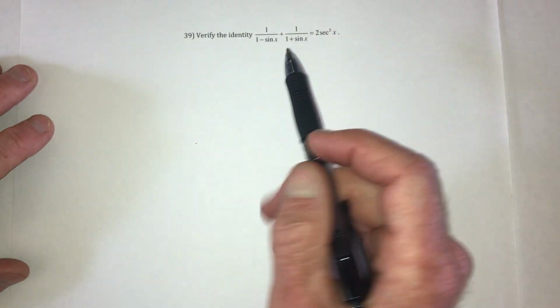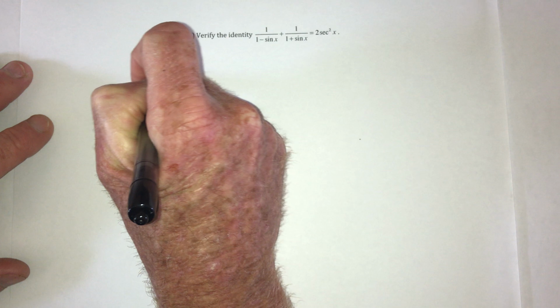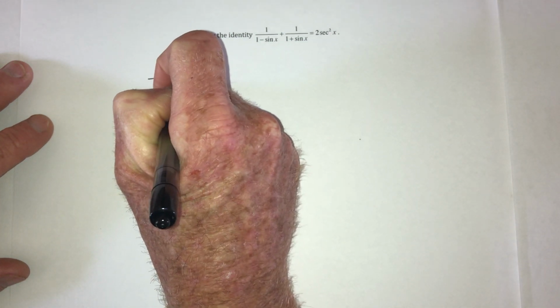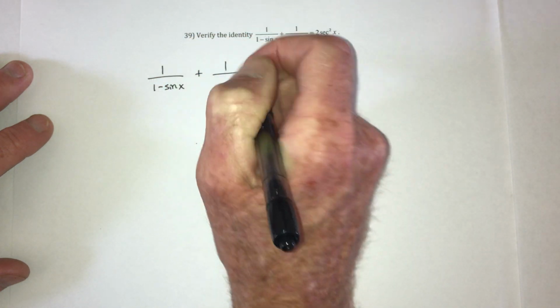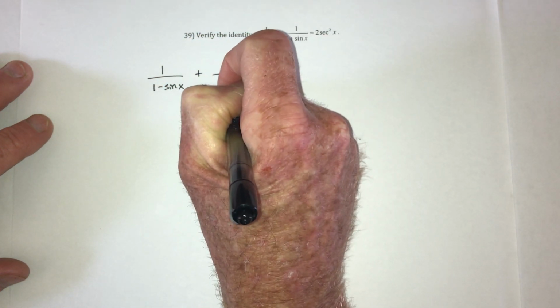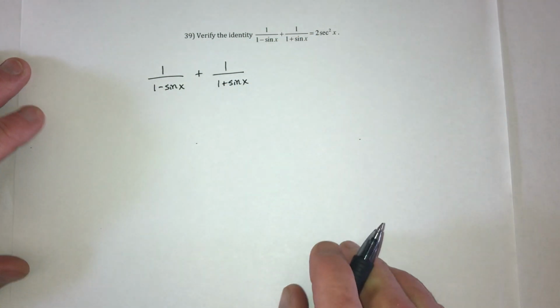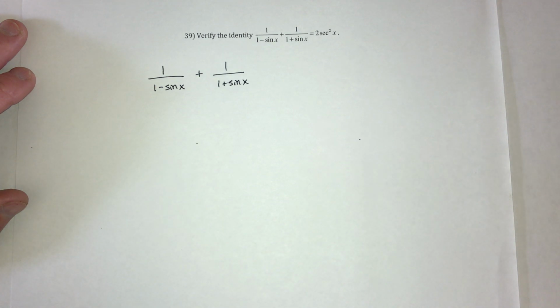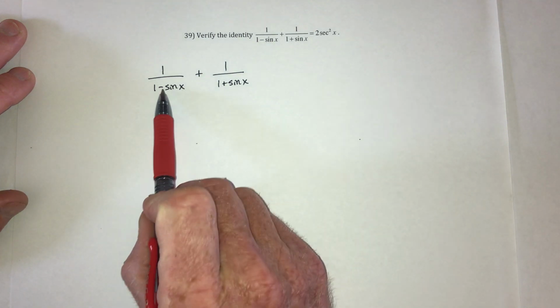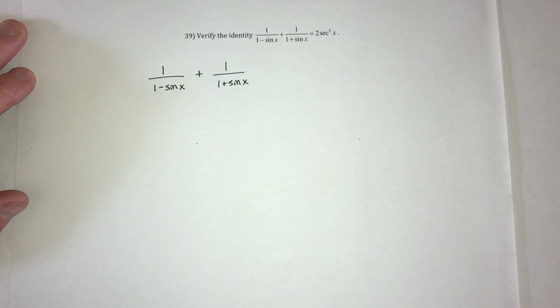This has fractions and everything. I'm going to start with the left side. So 1 over 1 minus sine x, and then plus 1 over 1 plus sine x. Well, as everybody knows since middle school, in order to add two fractions, you have to have a common denominator.